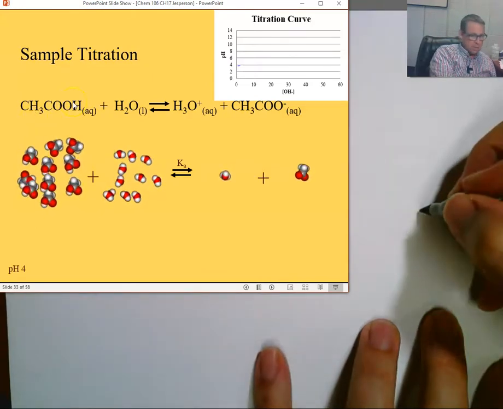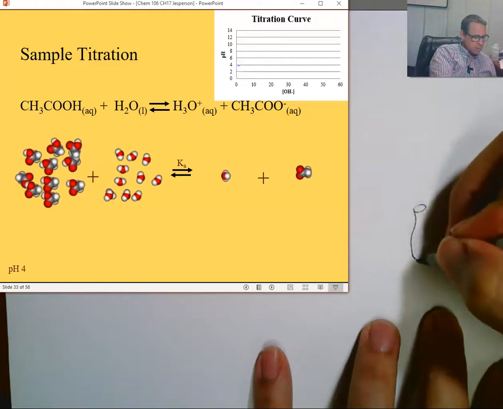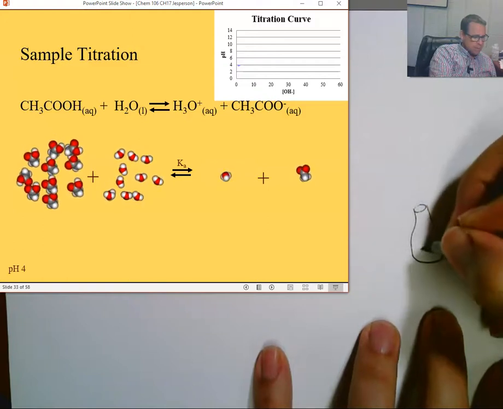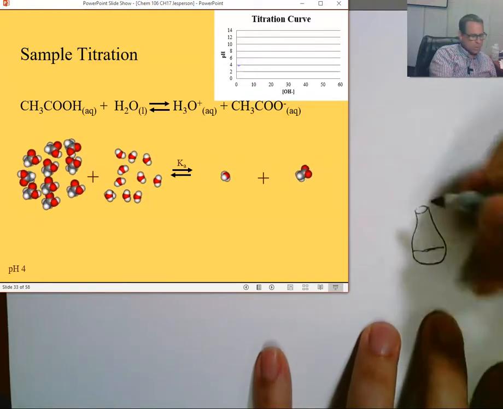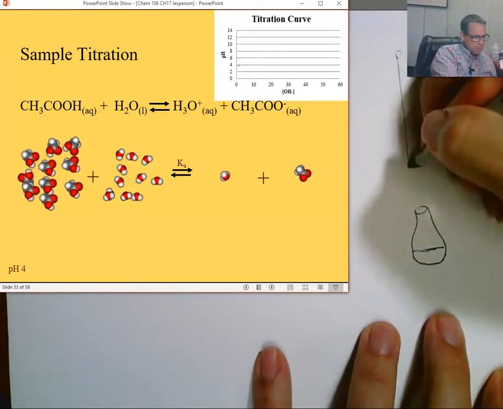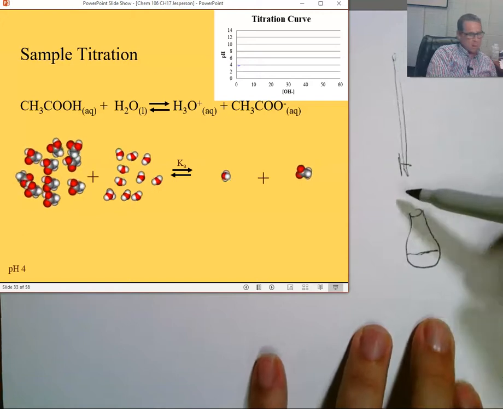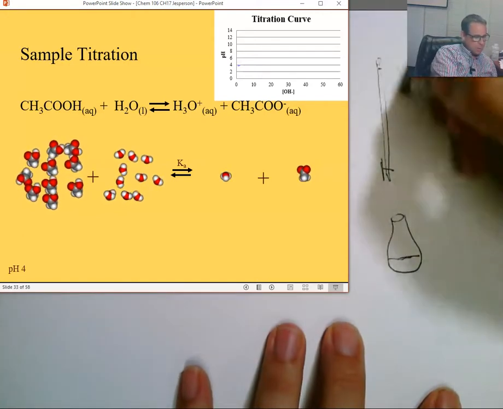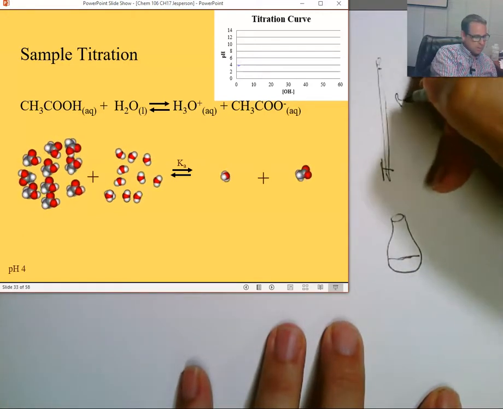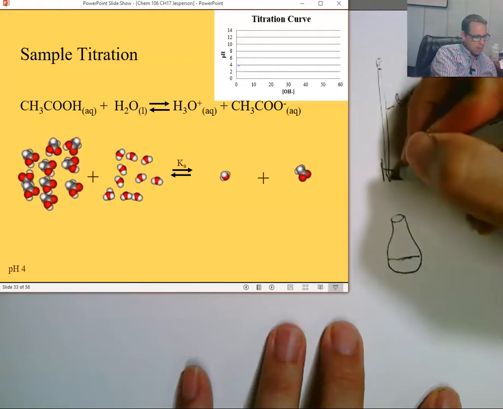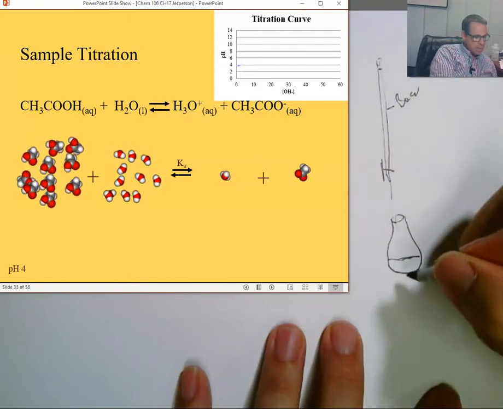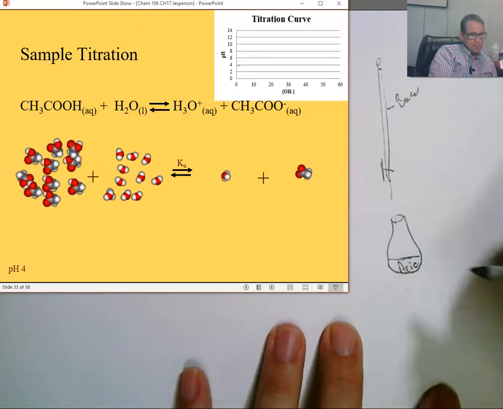So I have an acid in my Erlenmeyer flask where I'm going to perform a titration. And I have a burette, and in the burette I have some base, and I'm going to add base drop by drop into my acid.